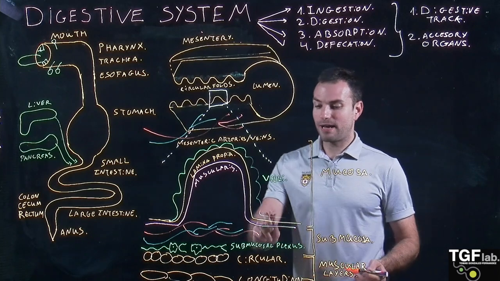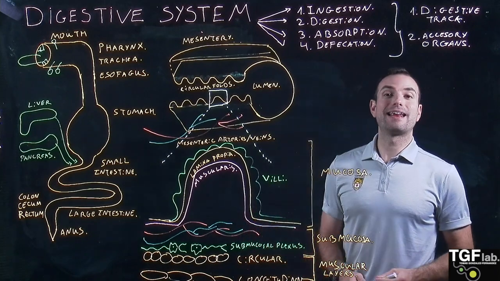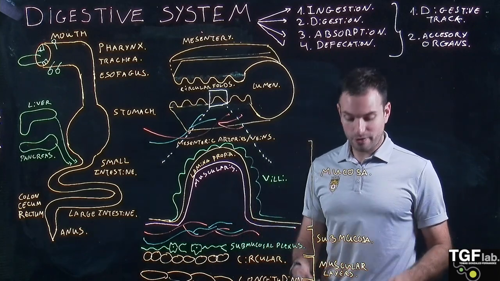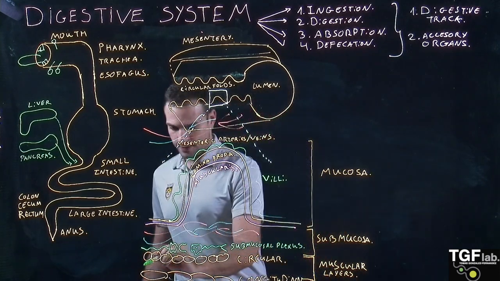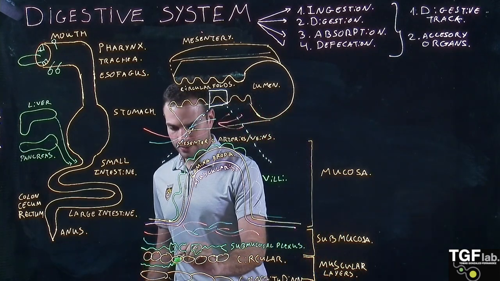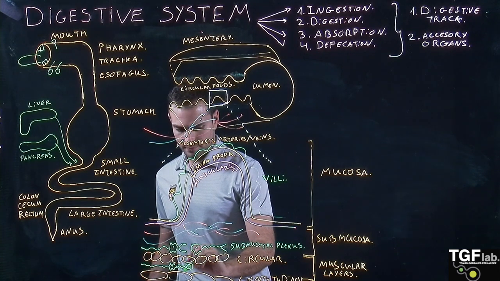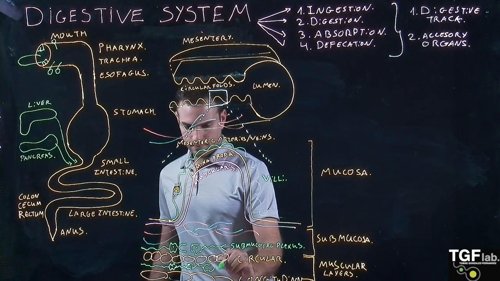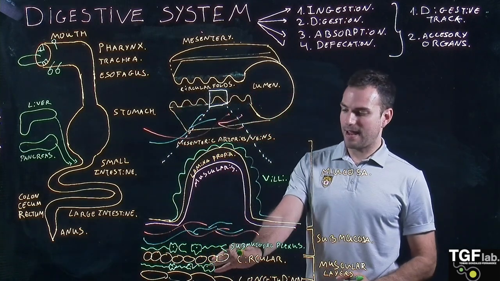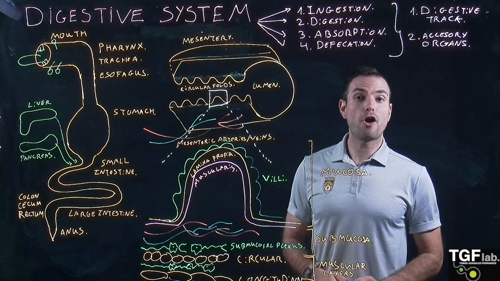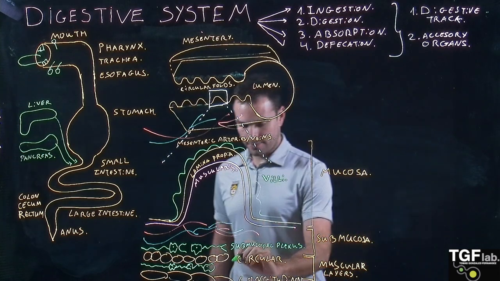And then very importantly, between the circular and the longitudinal muscle, we have more nerve cells. So we have, again, these nerve cells here. So these nerve cells are going to form part of the myenteric plexus.